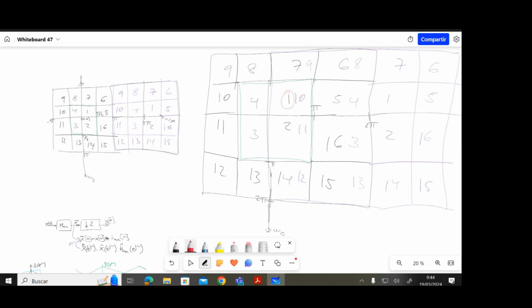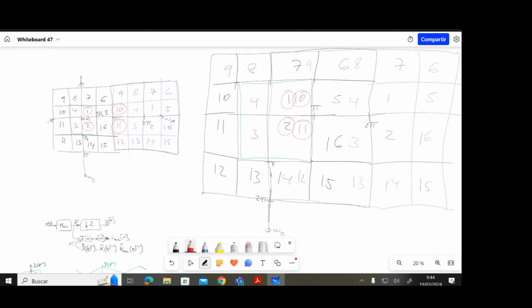So this region is having a copy from the central region, but it is also having another copy from the nearby region. You see? So the region from 0 to 2 pi now has two contributions.